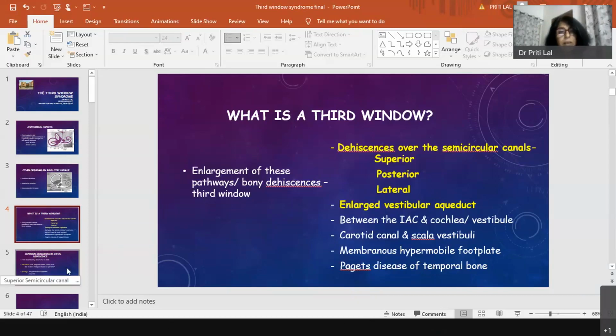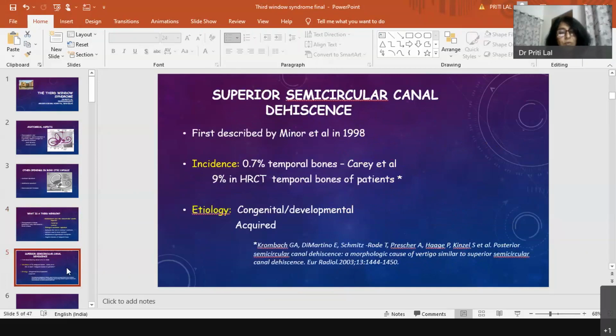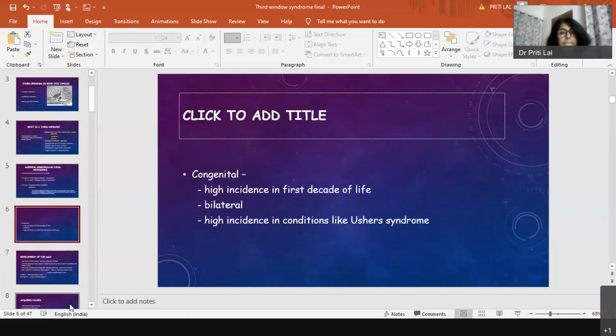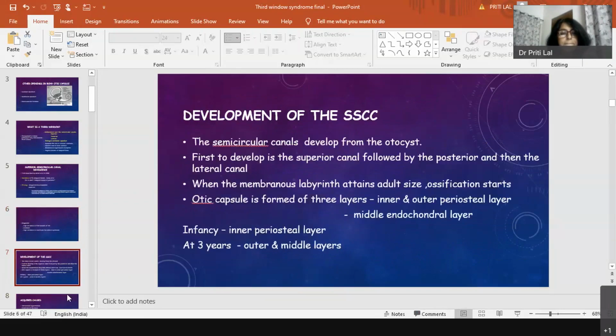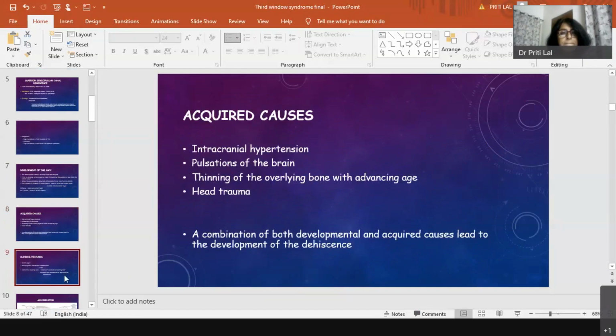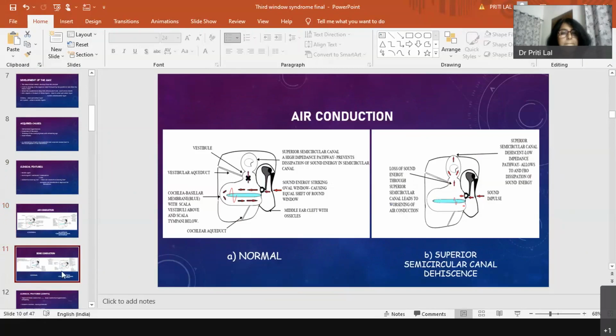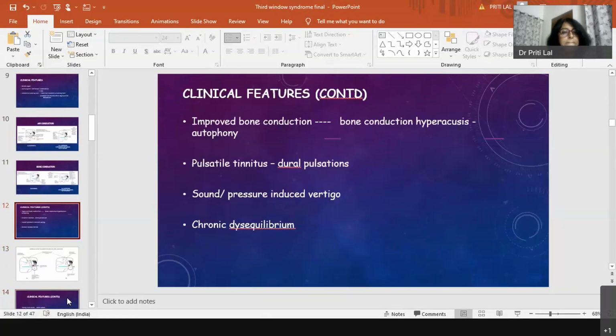Just scroll down till the posterior semicircular canal dehiscence. Okay, so till when do you want me to show it? Next, ma'am. Next. Next, ma'am.